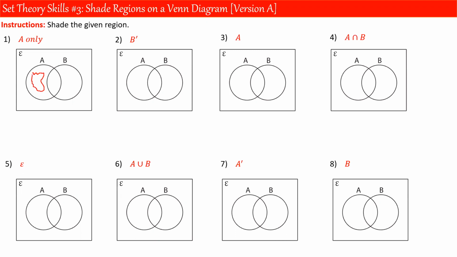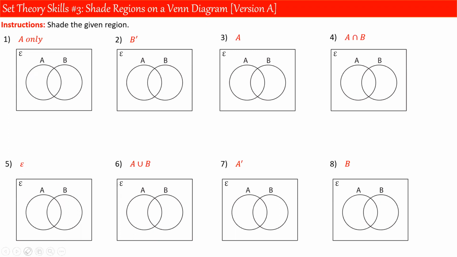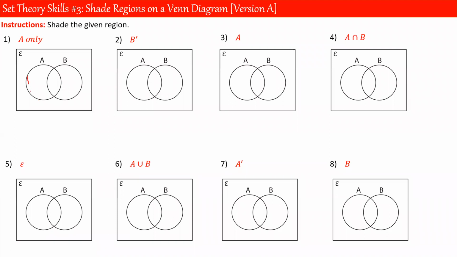That is not telling me that you're shading in A. What you want to do is actually shade it in like I did, or you could do it like this. Show that you're shading it in. But do not just do one squiggly line. It doesn't show it.